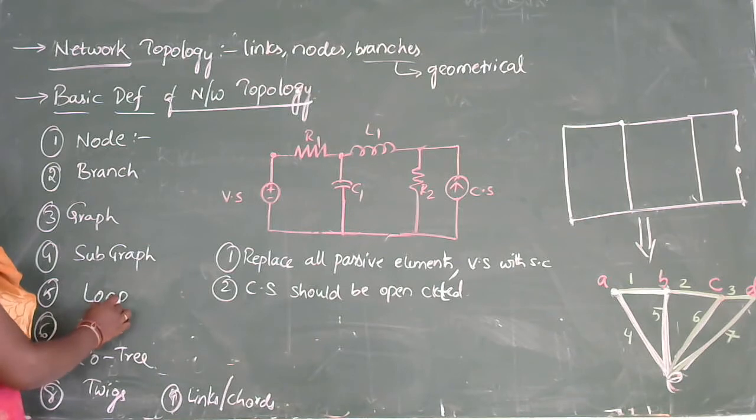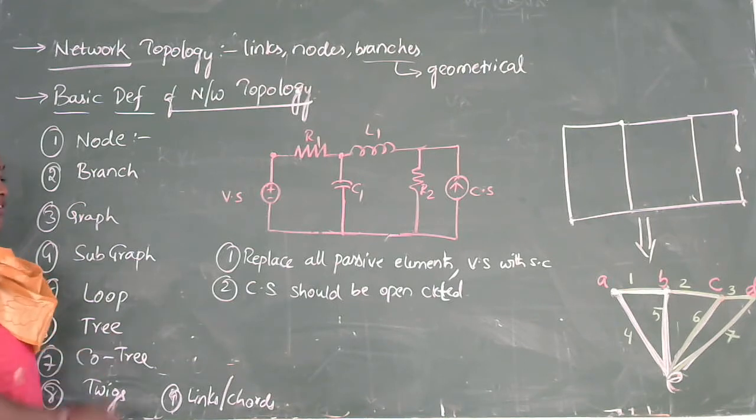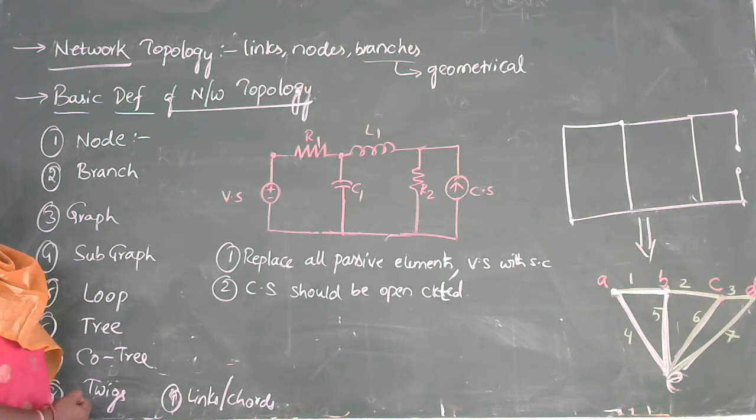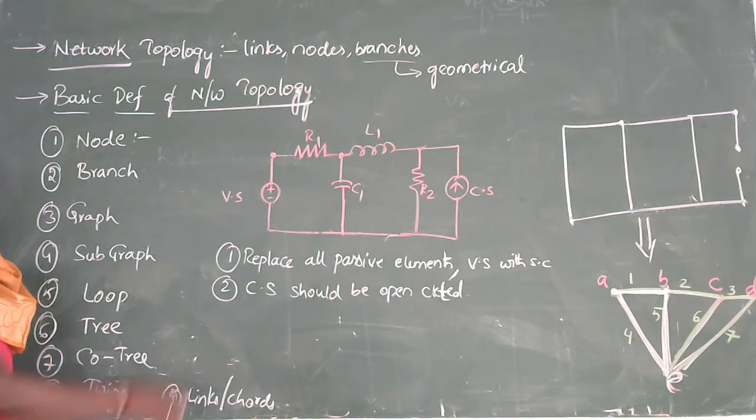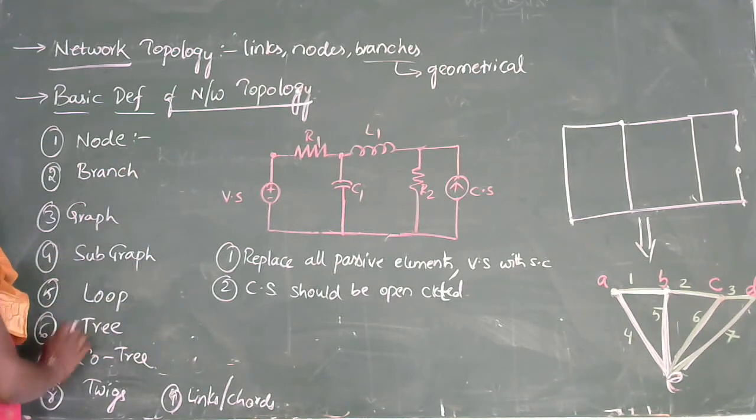After loop, there is one more thing called a tree. But before going to the tree, let us see how to draw one or two electrical circuits in terms of graph theory. I am repeating these 4-5 definitions once again.